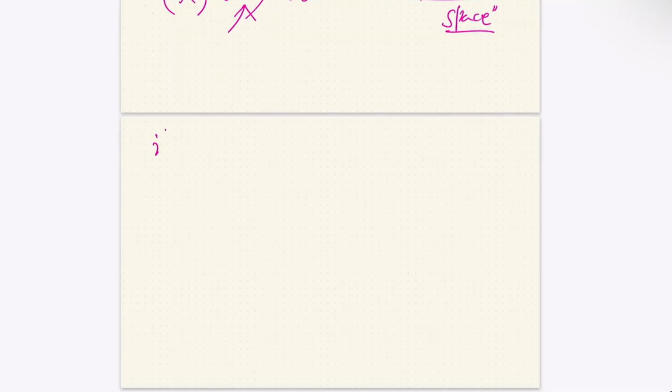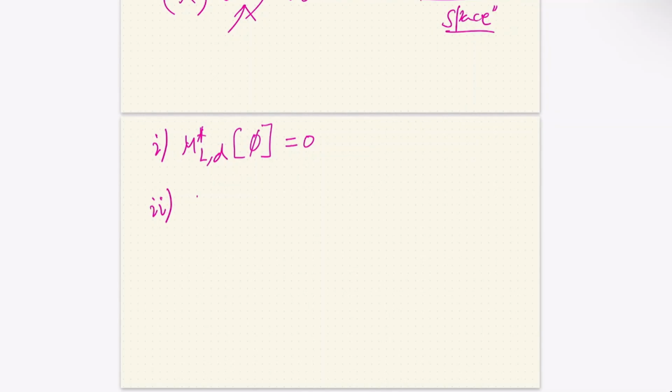First property of the measure: so far we have defined mu star Lebesgue of the empty set is zero. The empty set has measure zero by definition.